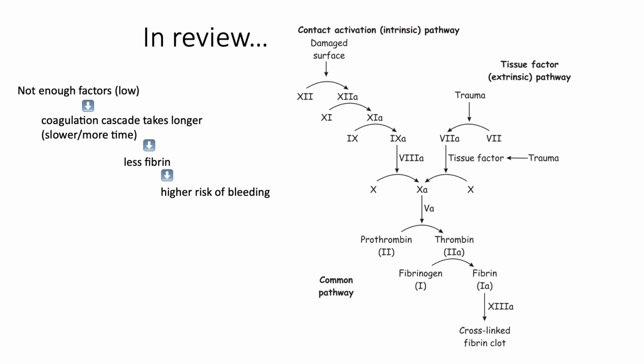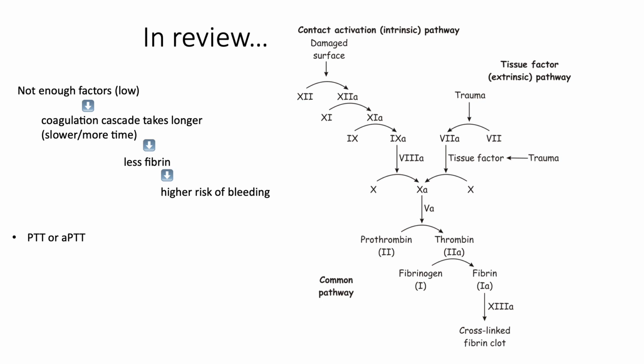So let's look at some of the logistics of this process. If we want to know how long it takes to get through this coagulation cascade, there are specific lab values that can be ordered that tell us how long it takes. There are two main lab values that we often look at. These are not the only ones, but these are some very common ones. The PTT or APTT, partial thromboplastin time or activated partial thromboplastin time, is a lab value that tells you how long it takes to get through the intrinsic pathway.